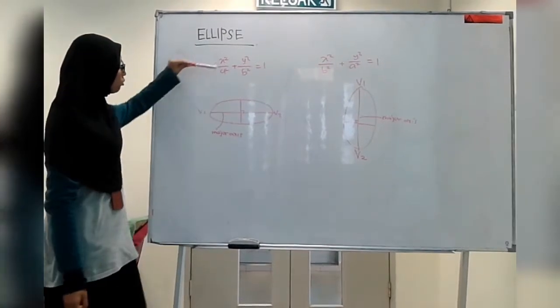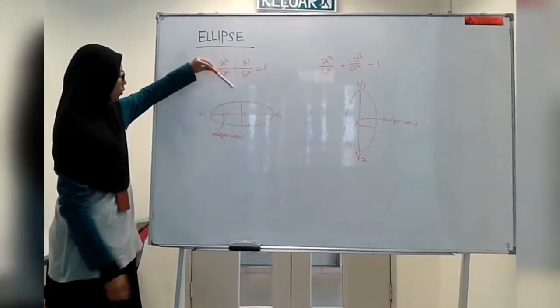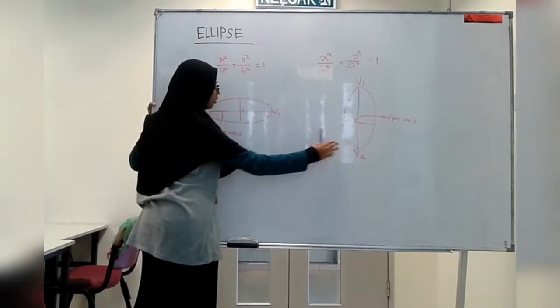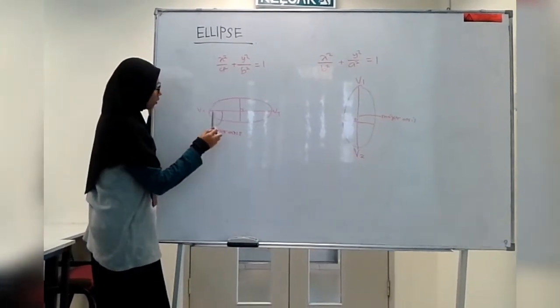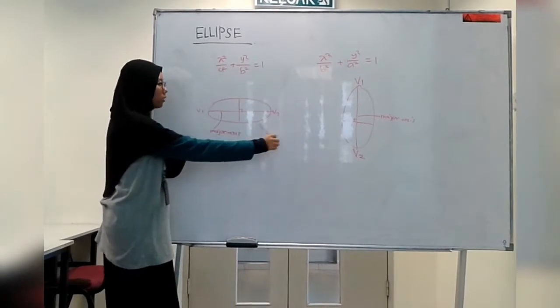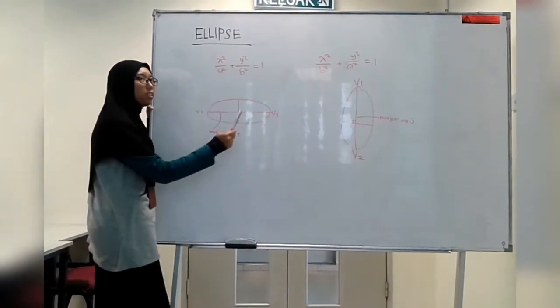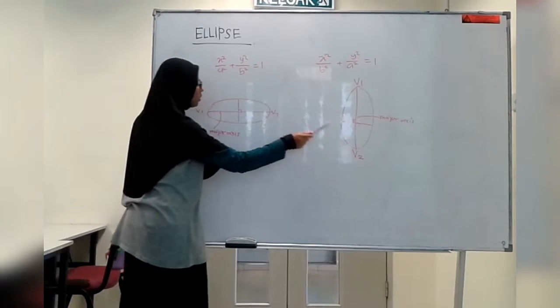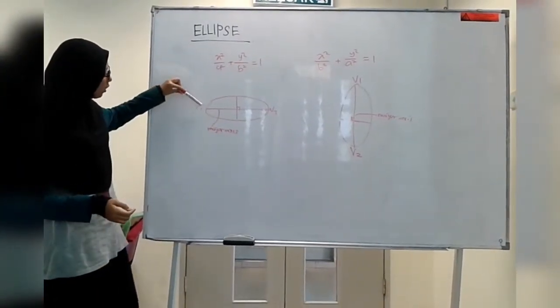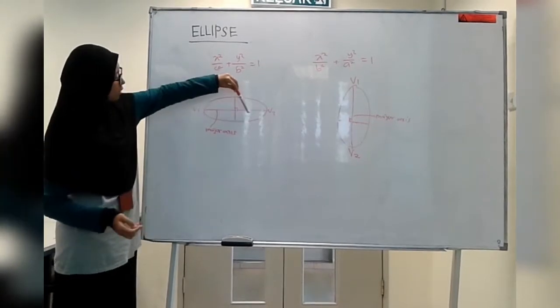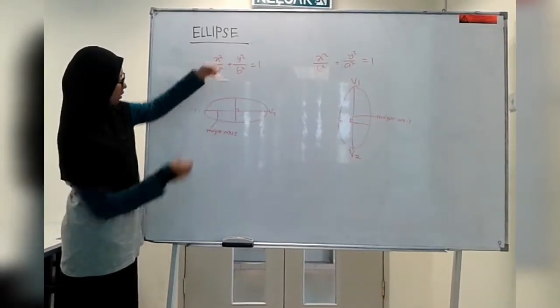From these two standard equations, we can see the difference between these two graphs of ellipse. Both graphs are symmetric with respect to the x-axis, the y-axis, and the origin. And also, the major axis is always longer than the minor axis.